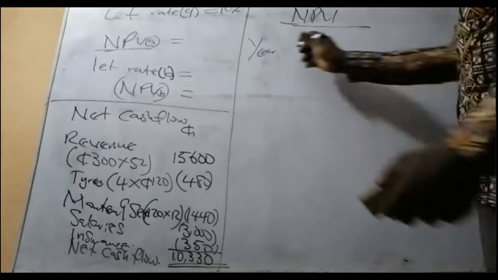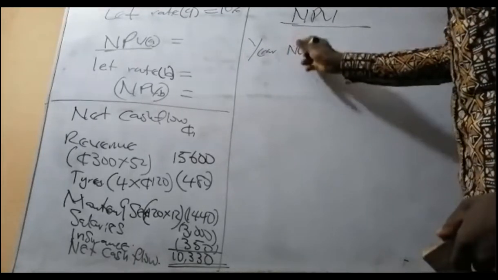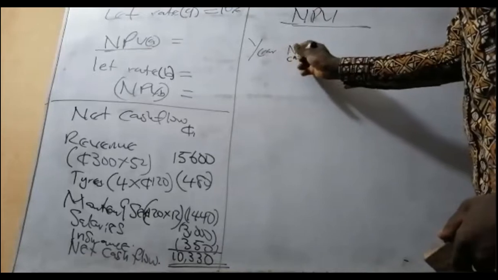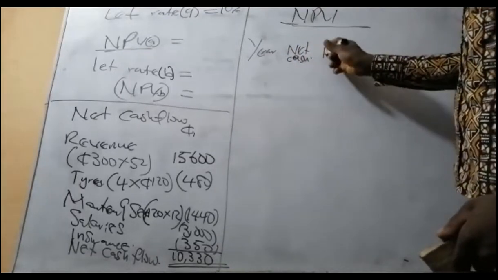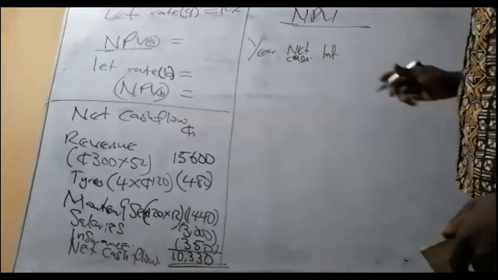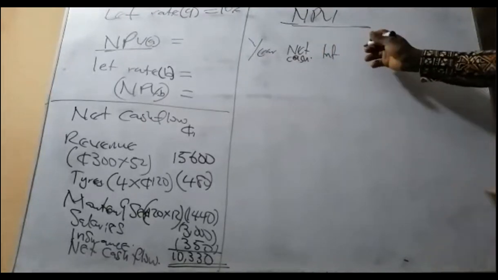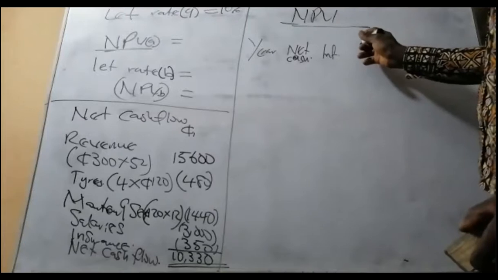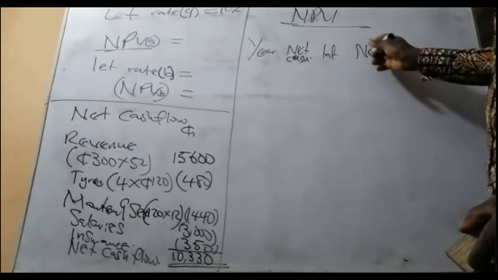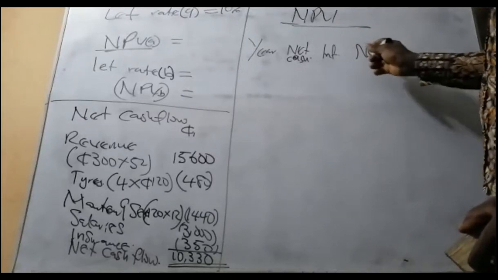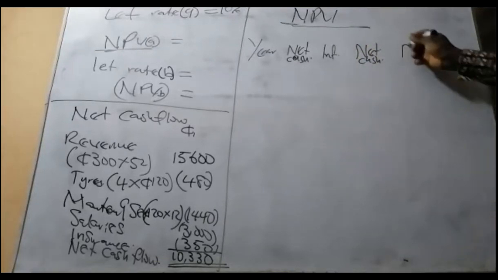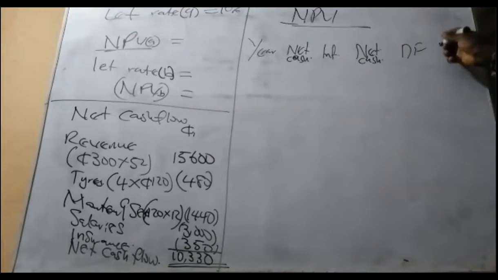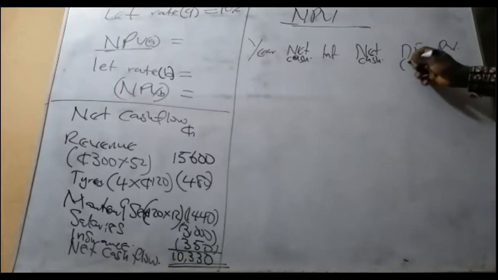So let me write the net cash flow here. Net cash flow, inflation. Then net cash flow after inflation. Then I bring the discount factor here. Then I bring the present value. So the first discount factor, 10%.